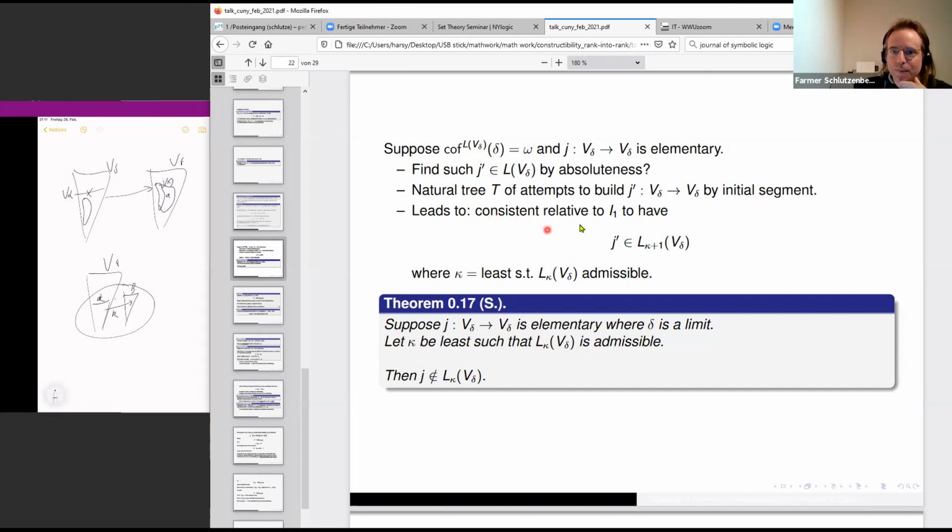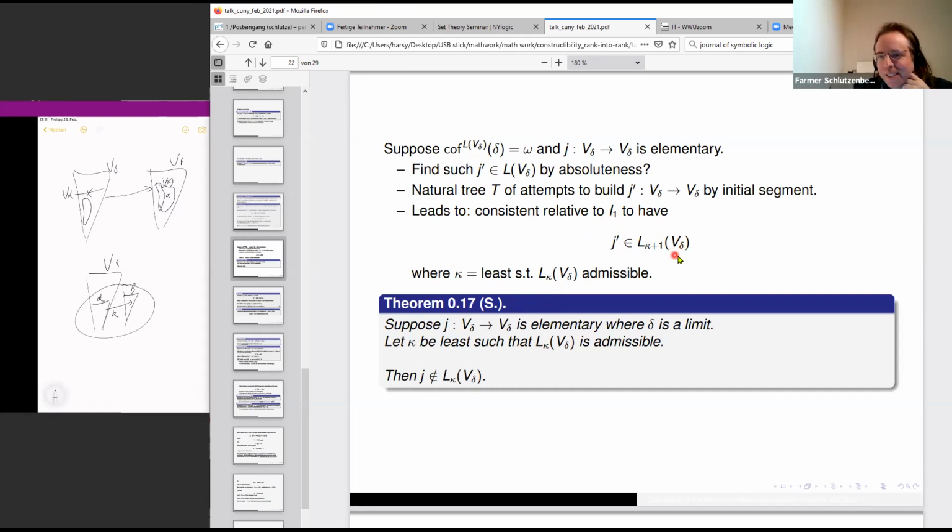Relative to I1, you can get such an embedding in L kappa plus 1 of V delta, where kappa is the least such that L kappa V delta is admissible. This corresponds to the tree, and the Cantor-Bendixson analysis of the tree terminates by the admissible, so these things are naturally related. So it is consistent relative to I1 to arrange this.